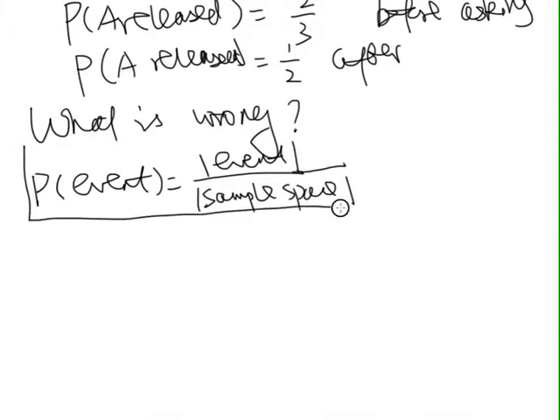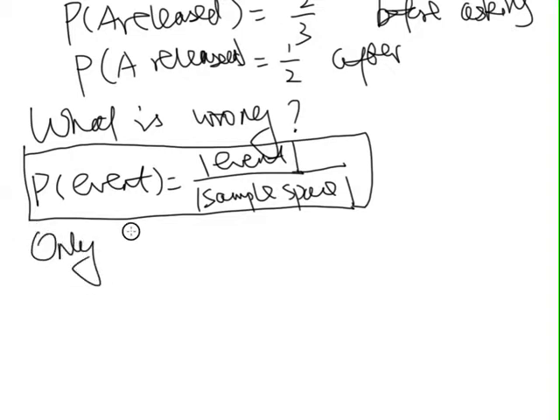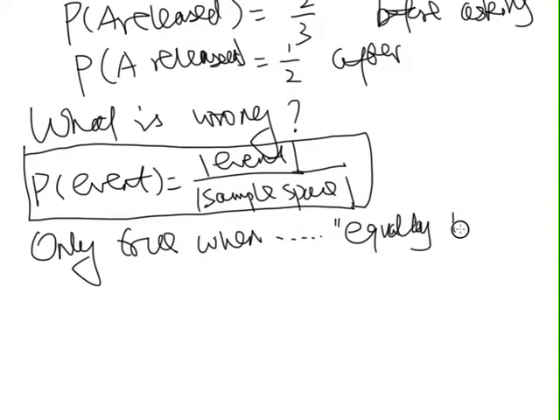And one important thing to keep in mind is that this is only true when the sample points in the sample space are all equally likely to happen. That's an important point for you to keep in mind.